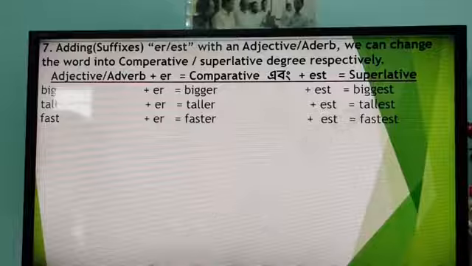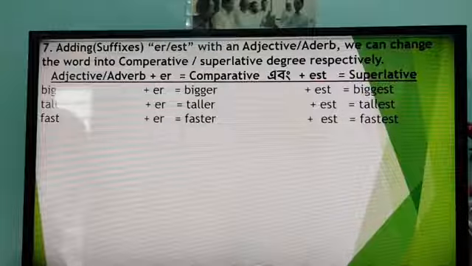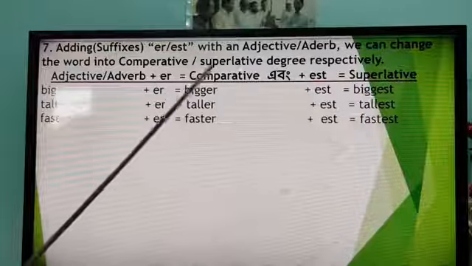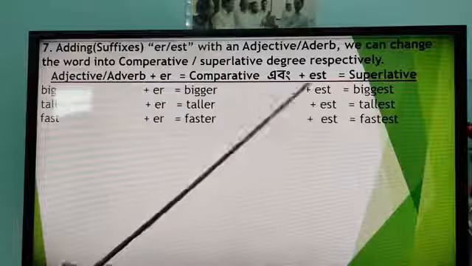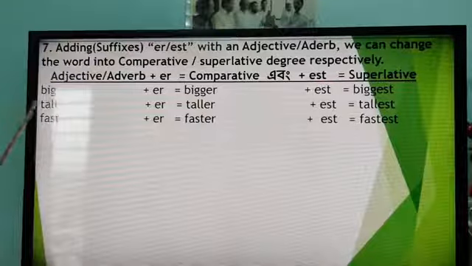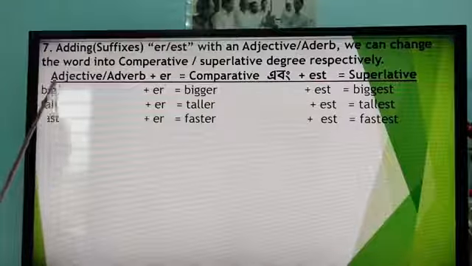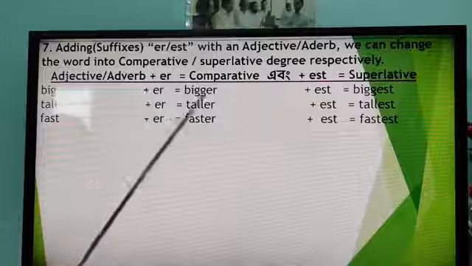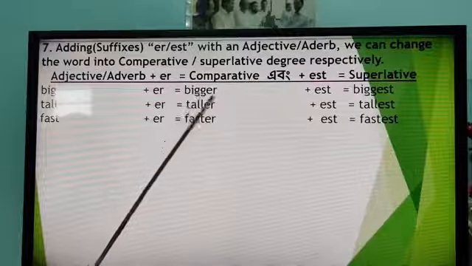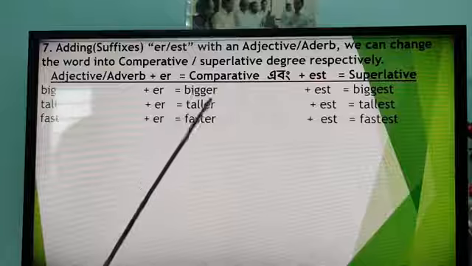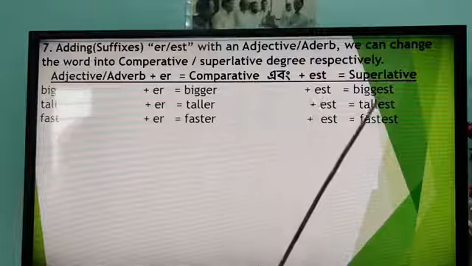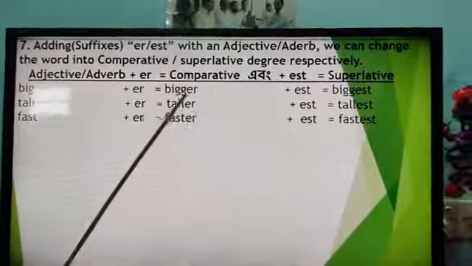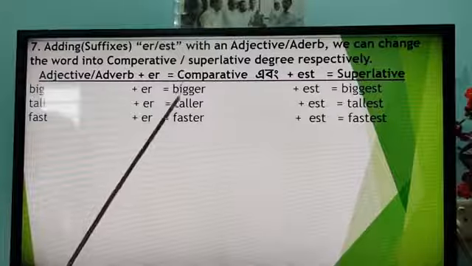Such that big is an adjective and er is a suffix. So bigger is a comparative degree and biggest is a superlative degree, because here you notice est is added to make a superlative degree and er is added to make a comparative degree.